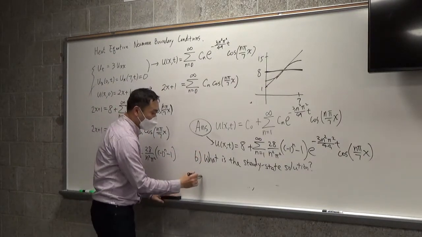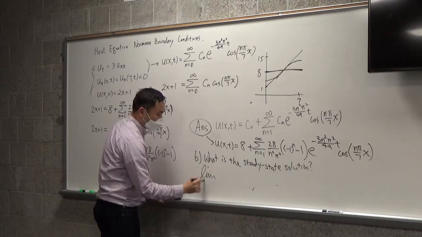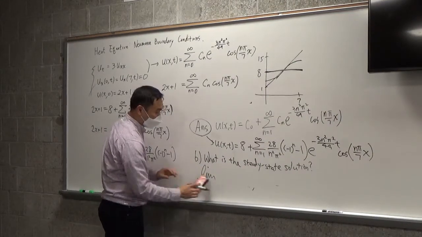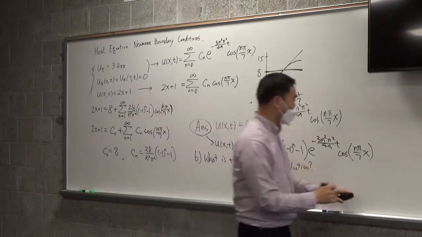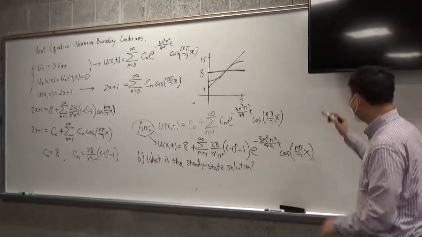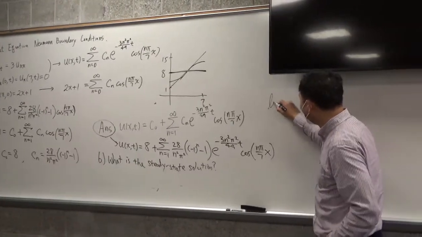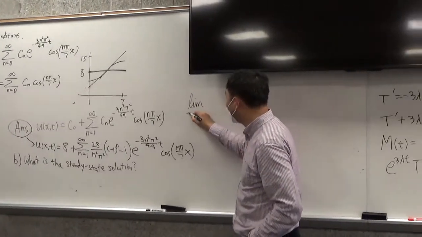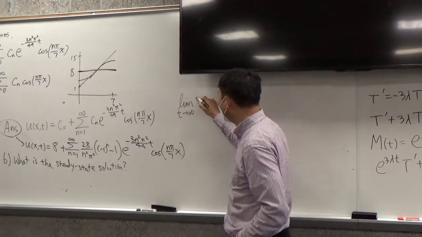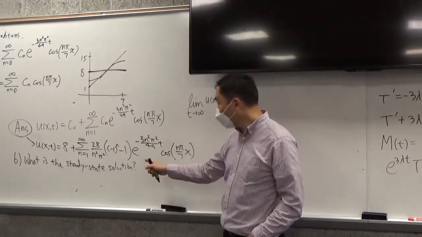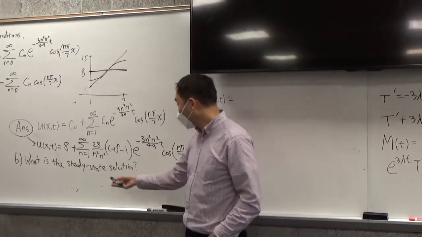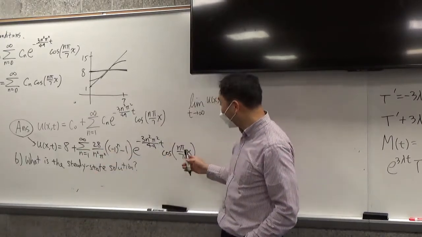You just say limit of t going to, oh, let me write it somewhere else, because this is going to be 5 points, right? So let me write here. So we want limit, the steady state solution is limit when t goes to infinity of u(x,t). But since u is this thing, and if you look at this, the only place that has t is right here.